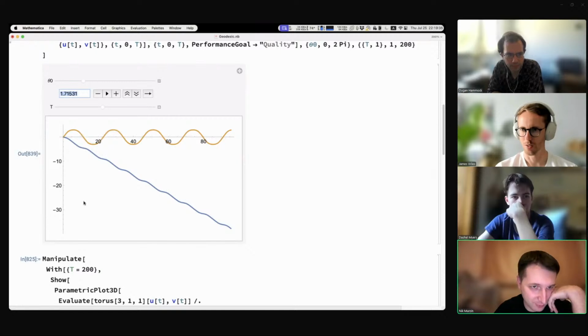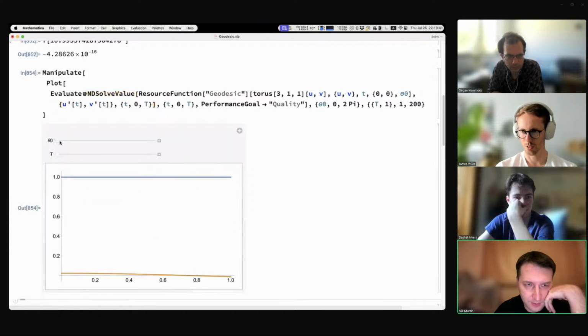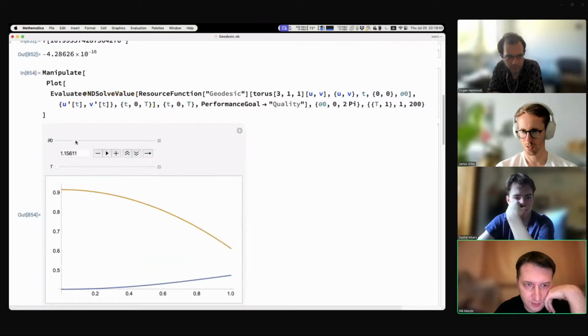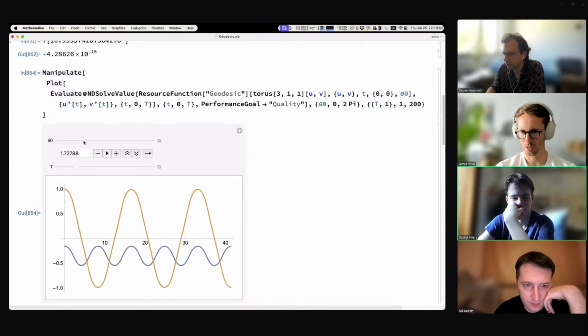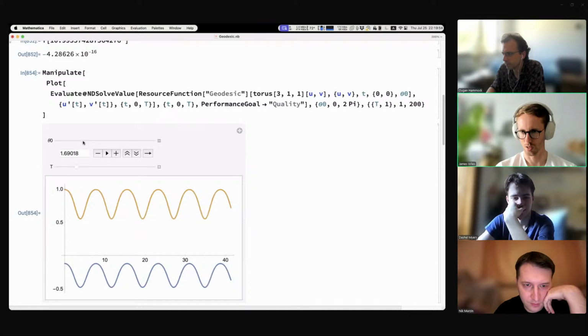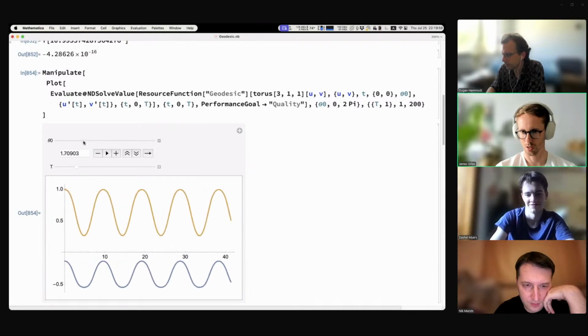Okay, how do I search for it? Let's see the derivatives. What happens there? Oh, something interesting happens. They touch.